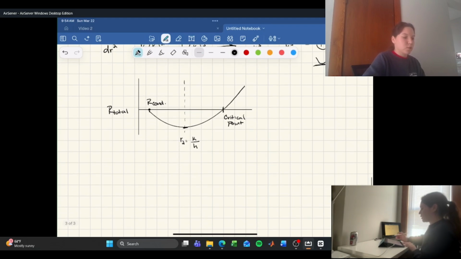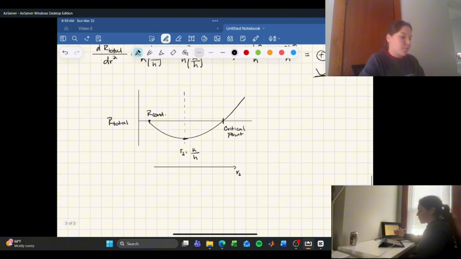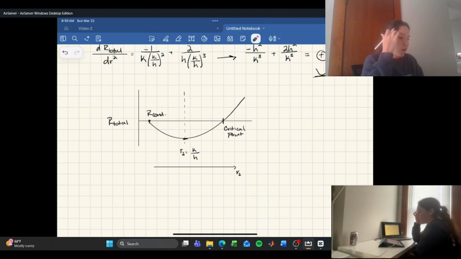So this is going to be as R2 increases, which is just the insulation. And this is just showing that if you don't add enough insulation, you're going to be having less thermal resistance than if you just left the pipe bare as is, which is shown here because this is higher, having more thermal resistance up here than down here.